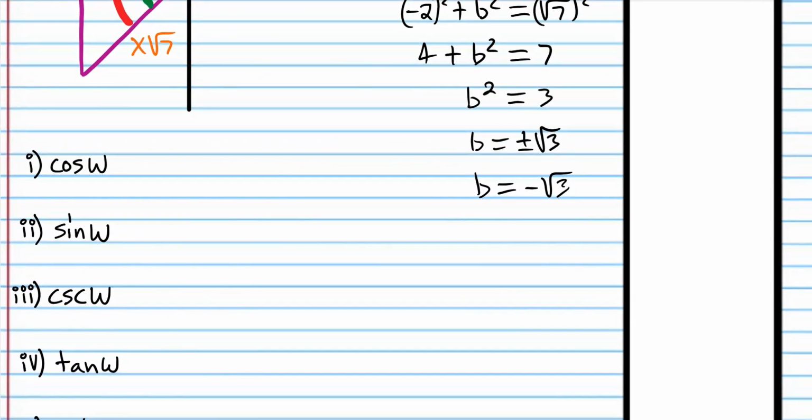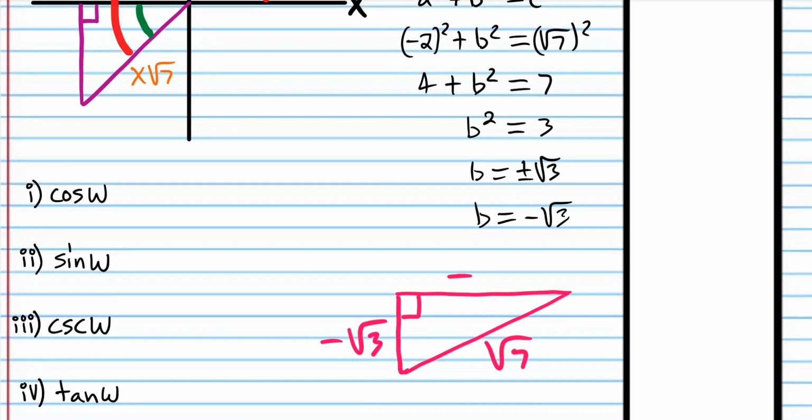So now we can draw our final triangle that we're going to use. And this side is negative √3. The hypotenuse is root 7, and this side is negative 2.